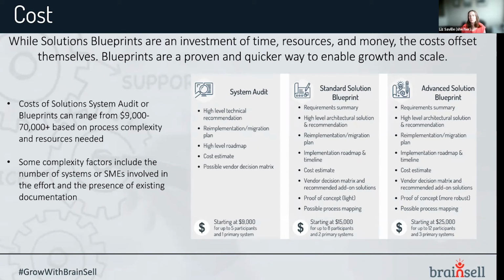A standard blueprint would start around $15,000 and typically range all the way to $30,000 or so. And a more advanced blueprint could range from $25,000 all the way to $70,000 or more, depending on your specific needs. And we'll meet you and work with you where you are.